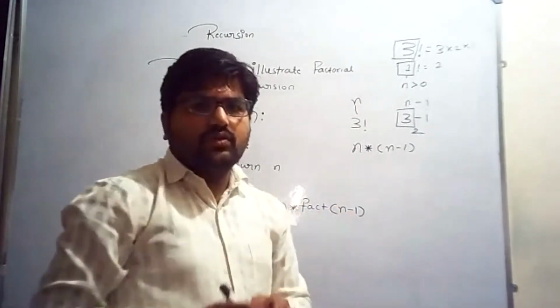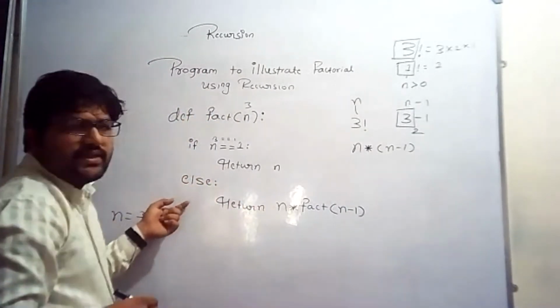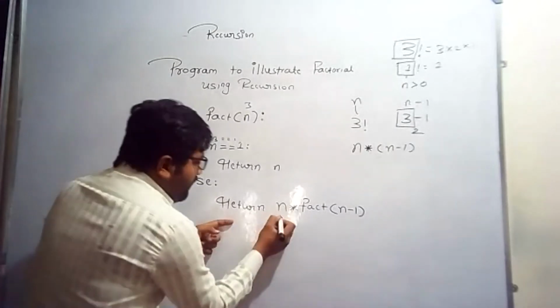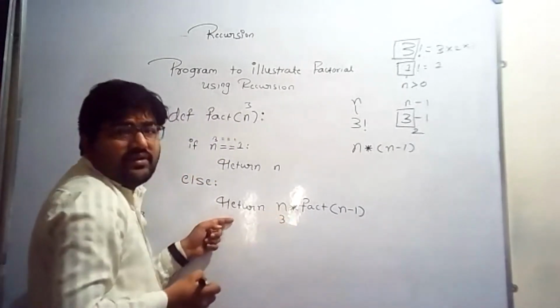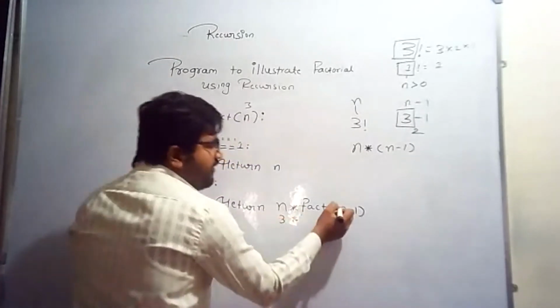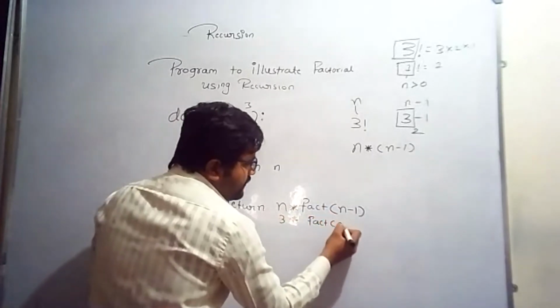No. The condition becomes false. The else part will be executed. It should return n, which is 3, into fact of 3 minus 1, that is fact of 2.